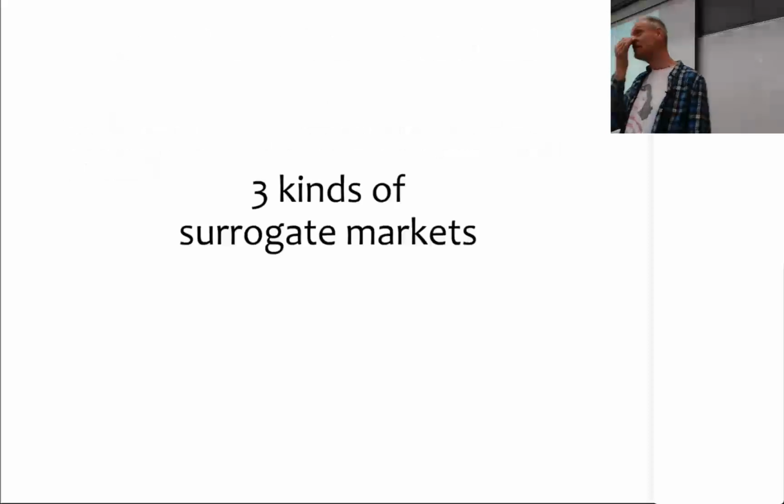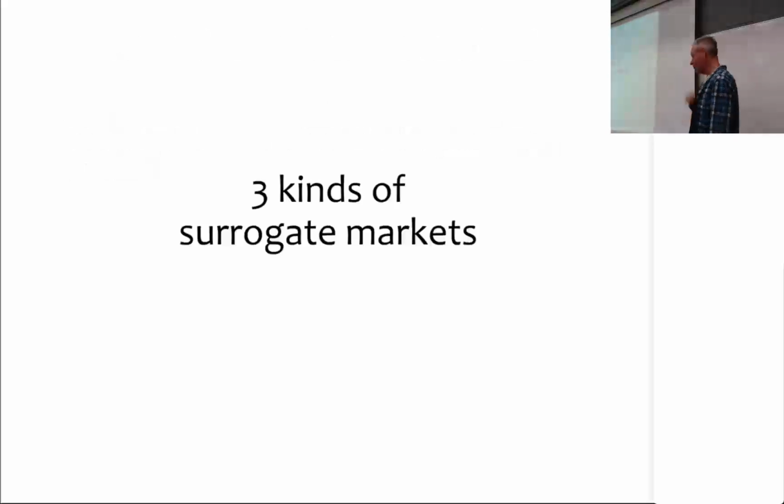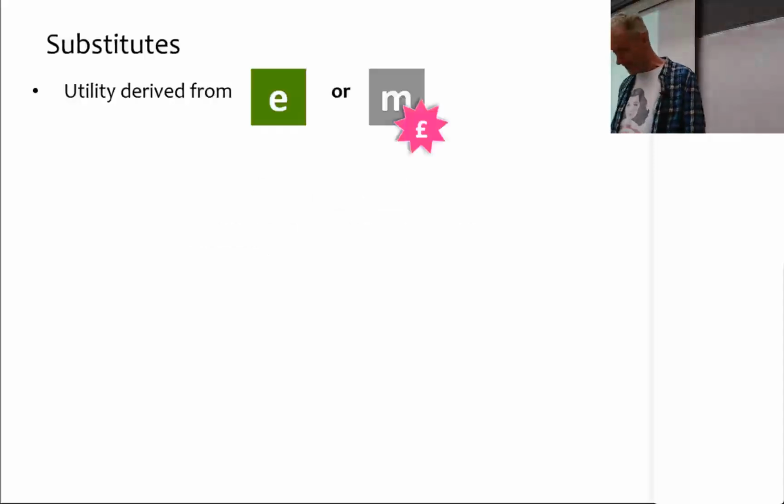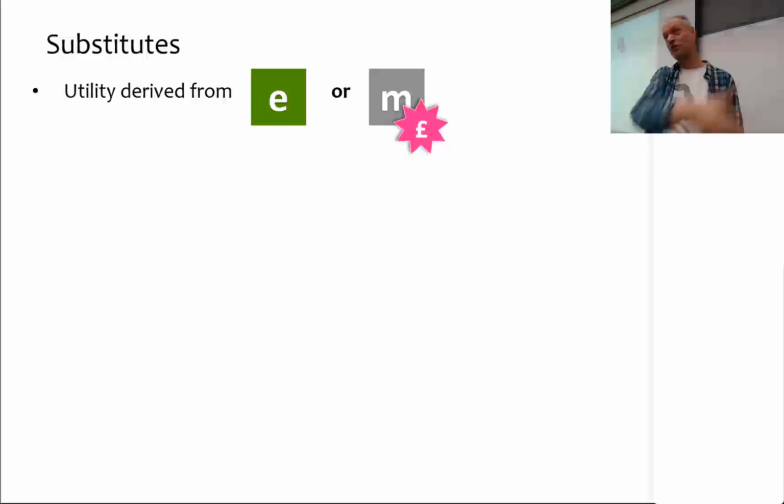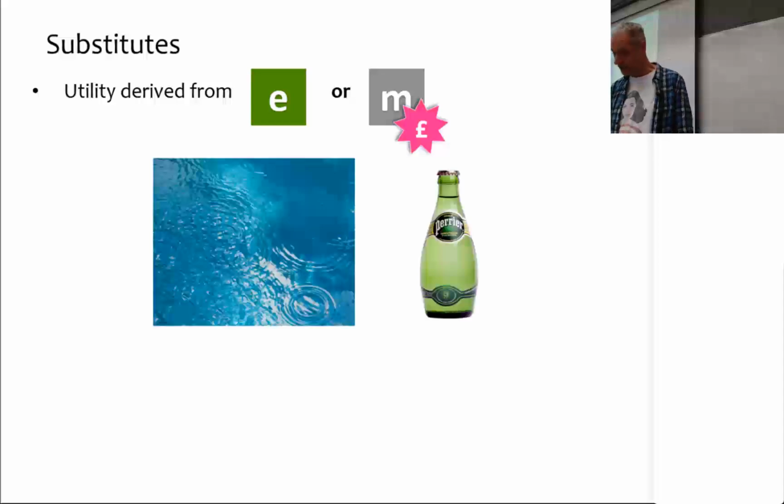There are 3 kinds of these surrogate markets, leading to the 3 groups of methods that I started off with. First, there can be a substitute for the environment. The market good is a substitute for something that is provided for free.